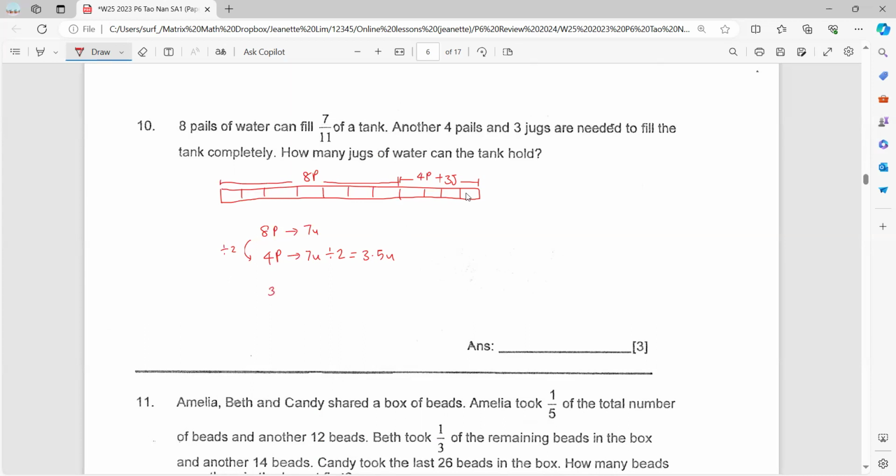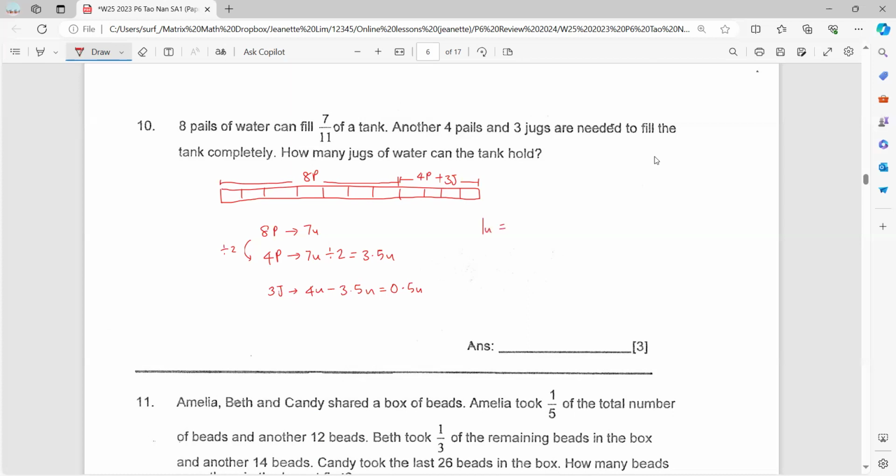So 3 jugs, 4u minus 3.5u, give us 0.5 units. So if 3 jugs occupies half a unit, what about the whole tank? The whole tank, there's 11 units. So, okay, let's find out what's 1 unit. Half a unit is 3 jugs, right?